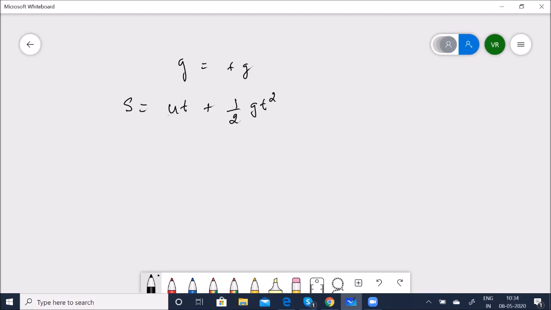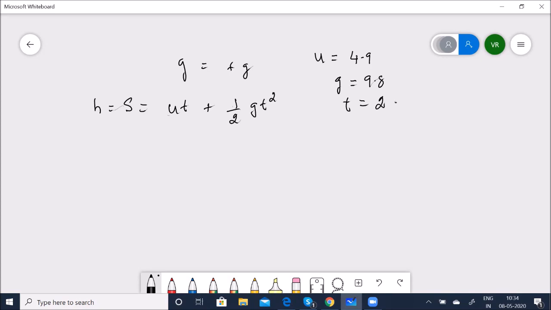Instead of s, I can put h. Now substitute the values given: u is 4.9, g is 9.8 and t is 2.